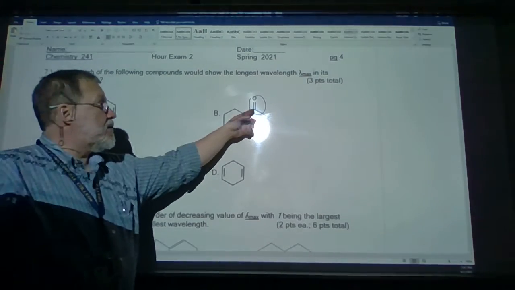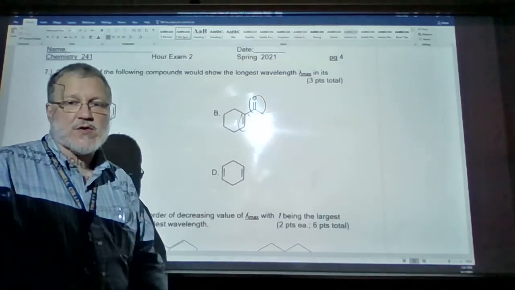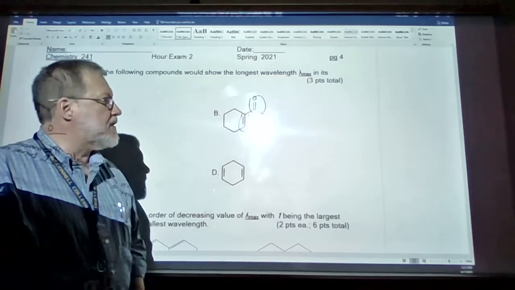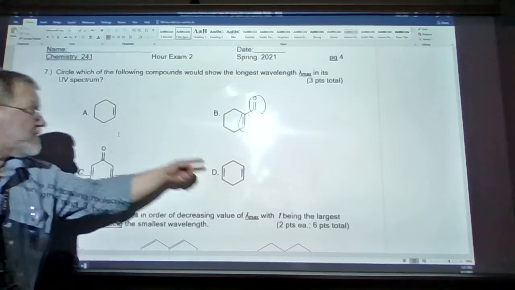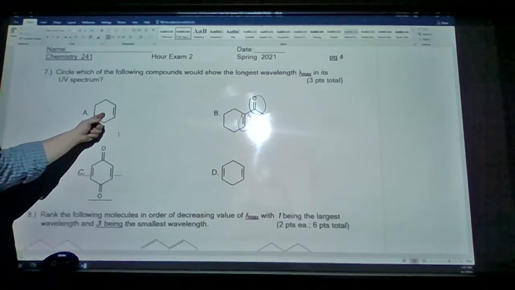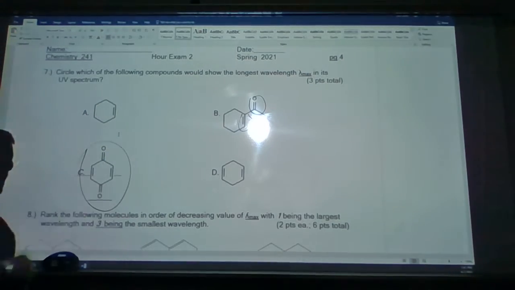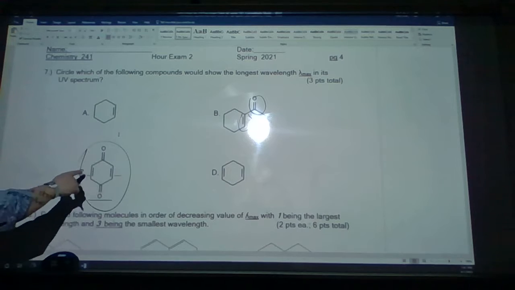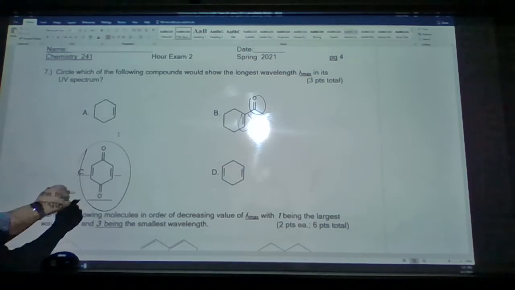So the pi molecular orbitals in the C double bond O bond contribute to the lambda max wavelength. We've got 2 double bonds that are conjugated. Longer than this, longer than that. Higher wavelength. This guy, we have these bonds. They're not conjugated. Well, excuse me. They are conjugated. Why?